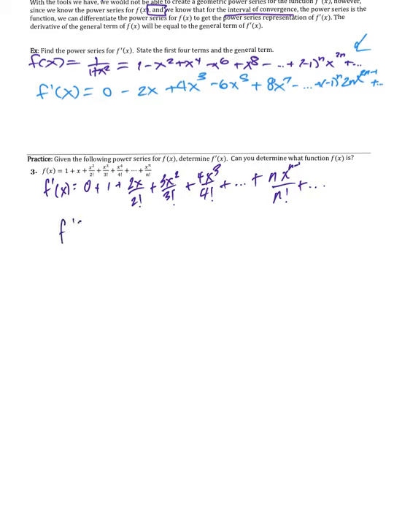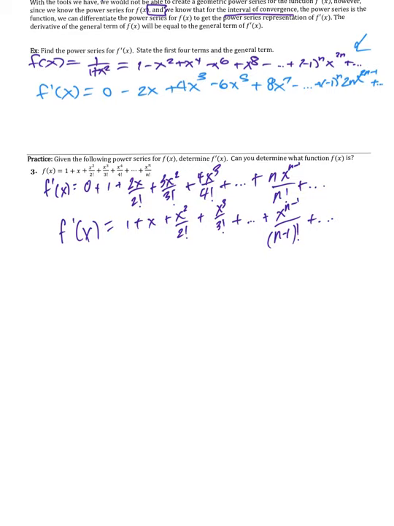So this is really f prime of x is 1 plus, well, 2x over 2 factorial is just x. The 3 and the 3 factorial are going to divide out, so this is plus x squared over 2 factorial. Plus the 4s are going to divide out in this next term, so that's going to give me x to the third over 3 factorial plus dot dot dot. Plus the n's are going to divide out, so this gives me x to the n minus 1 over n minus 1 factorial plus dot dot dot.